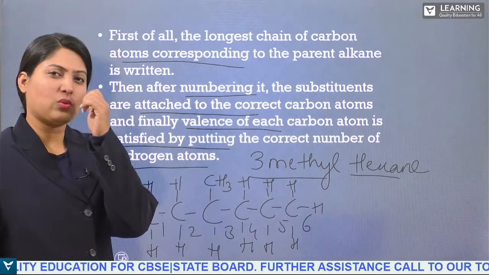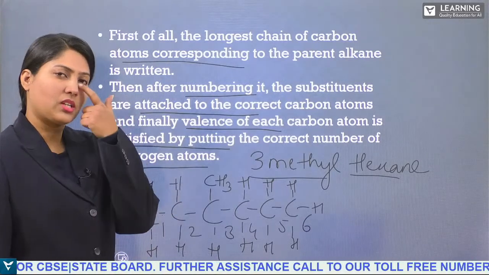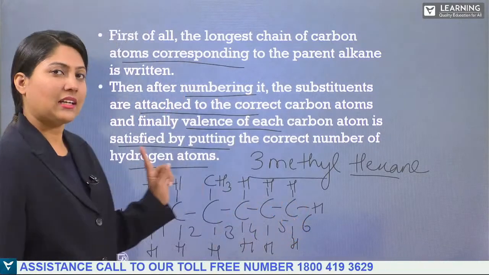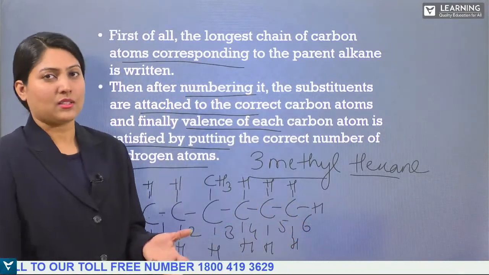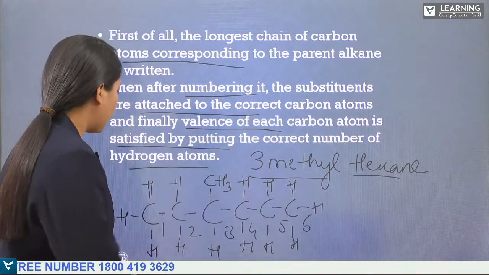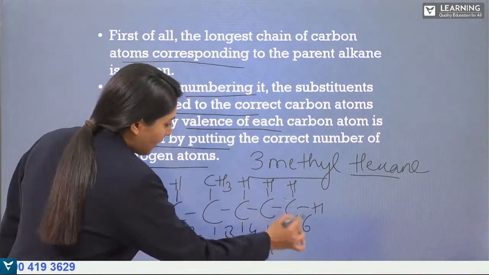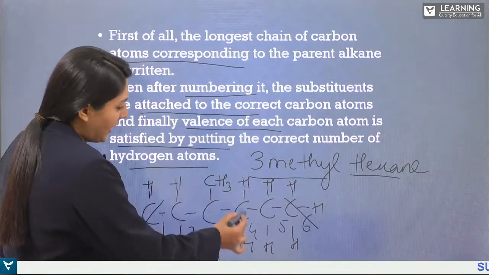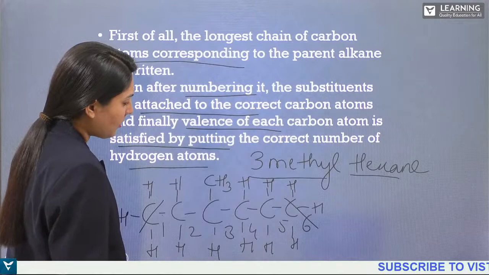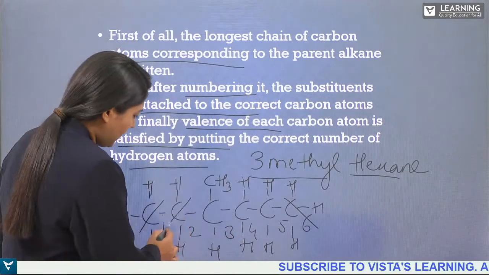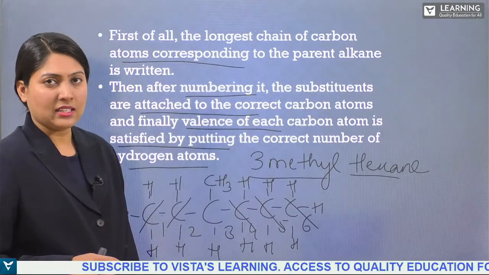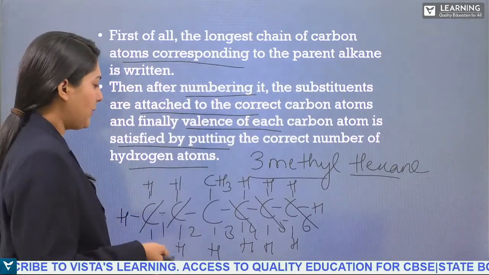Can you find out, students, which is primary, secondary and tertiary here? If you see the terminal carbon atoms, as we said, those will have only one carbon atom attached to them. So those will be primary. So these two are primary carbon atoms. The second, the fourth and the fifth, these three are secondary carbon atoms.